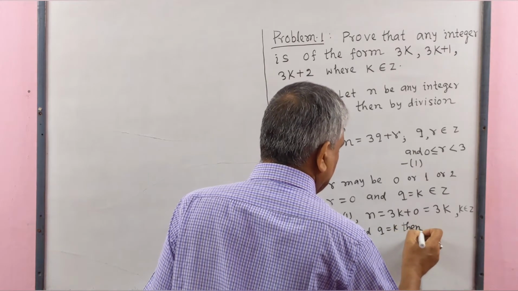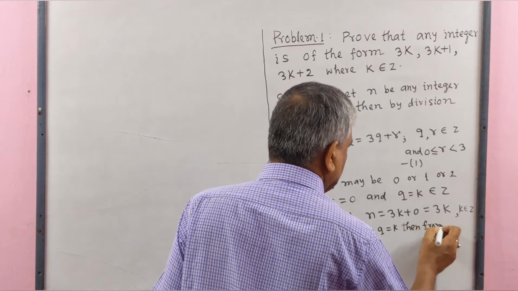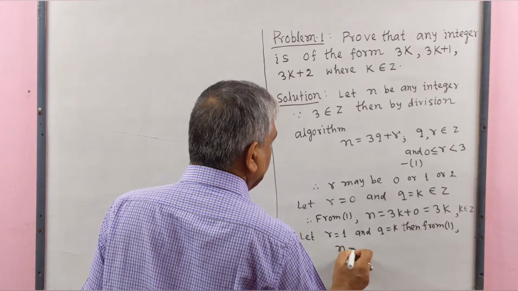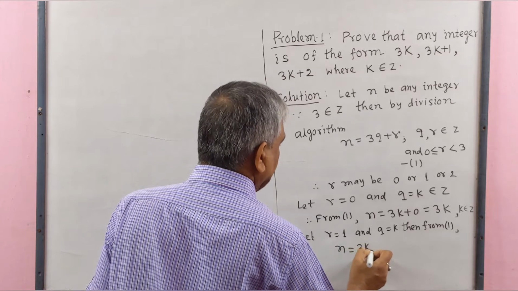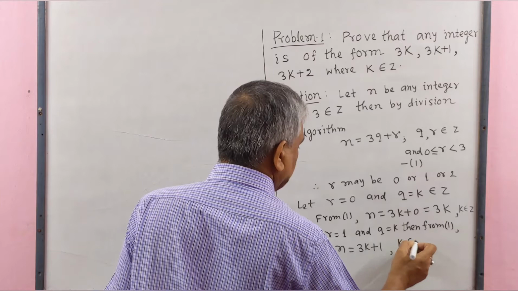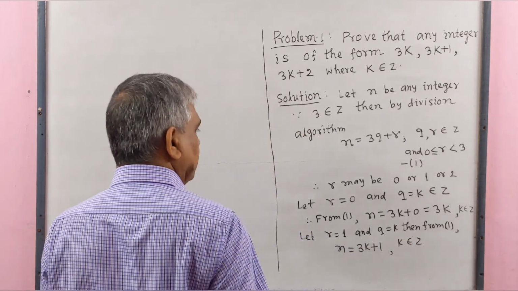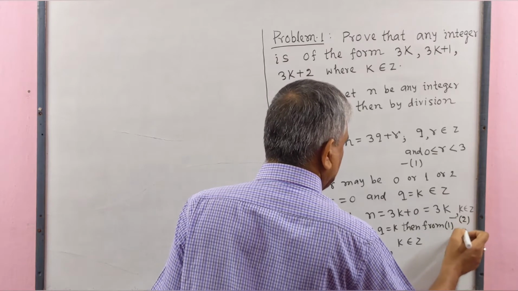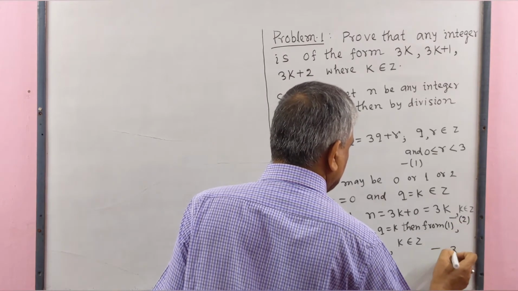Then from 1, n equal to 3k plus 1, k belongs to Z. This is number 2. This is number 3.